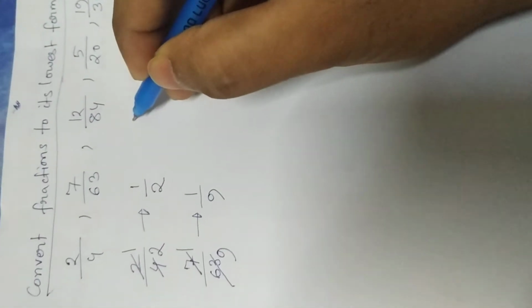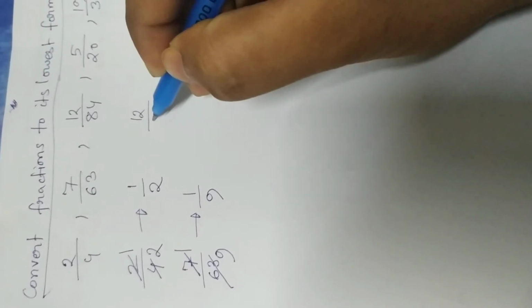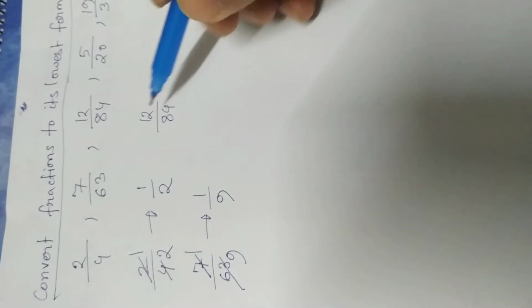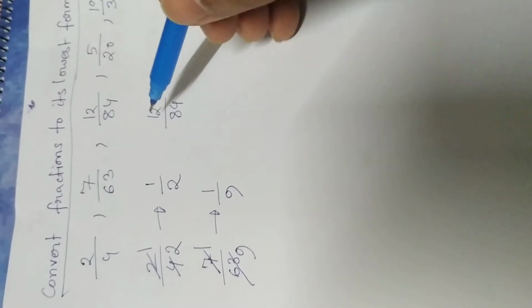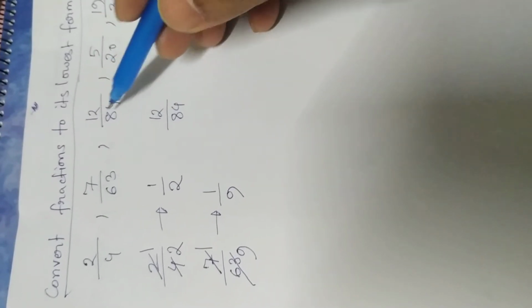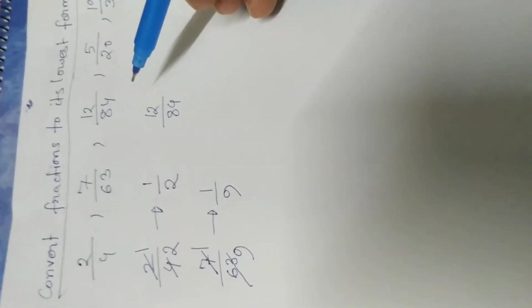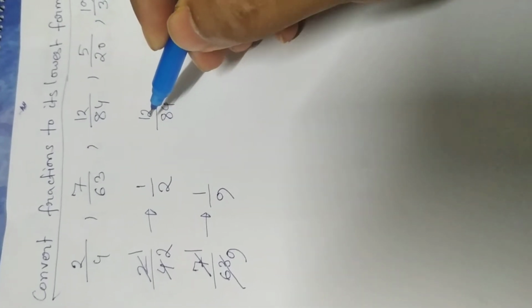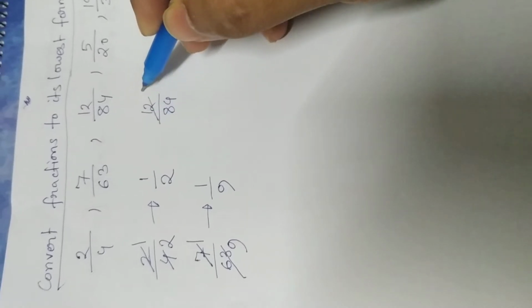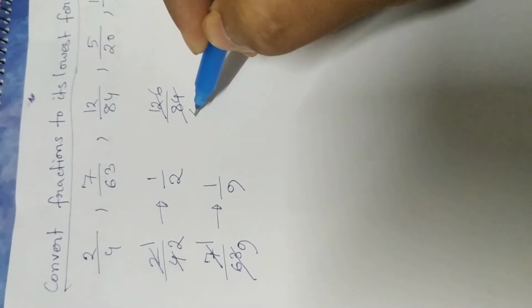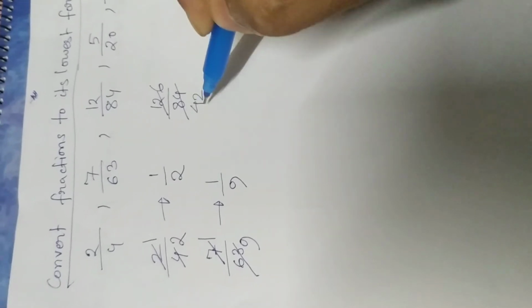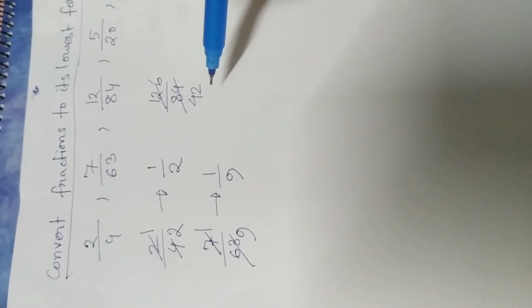Okay, next let's move on to 12 by 84. How to convert this? We know both 12 and 84 are divisible by what? 2. So let's start by dividing it by 2. So 2 sixes are 12, then 2 twos are 4, so 2 forty-twos are 84.